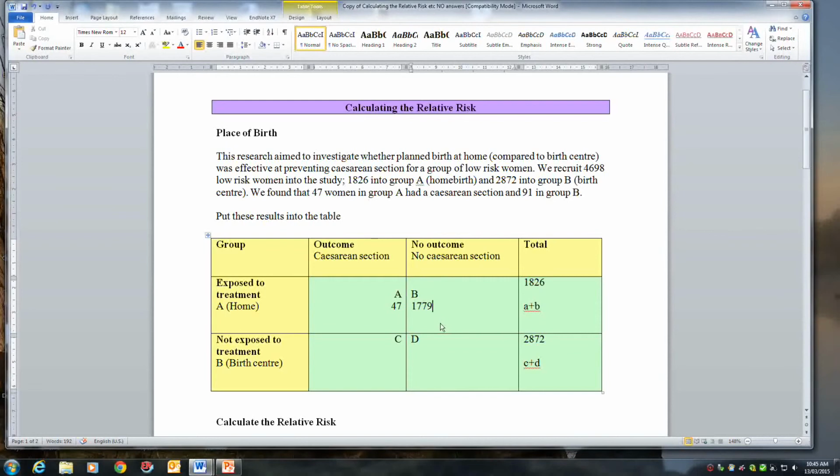Okay, so how many women in the birth centre group had a caesarean section? And we can see here it's 91. So let's put that number in this cell. And similarly we'll work out how many didn't have a caesarean section by taking that number away from 2872. You get 2781. Okay, that's good. Good start.